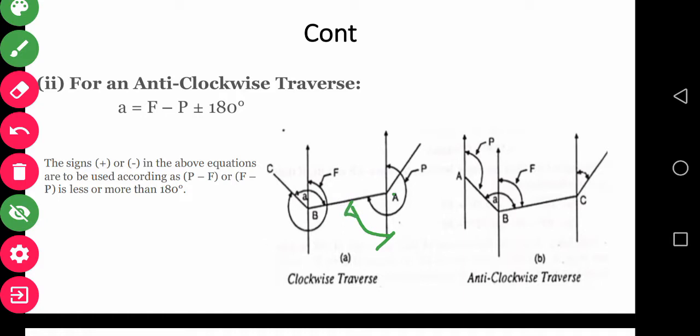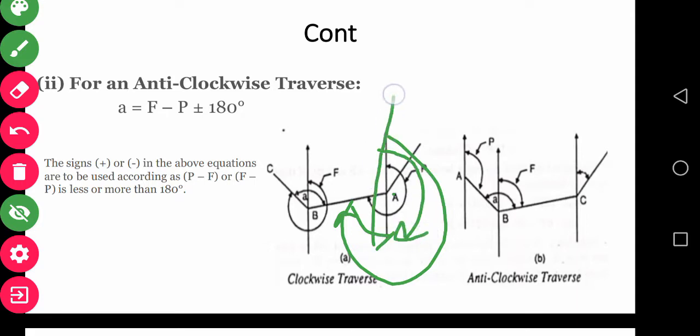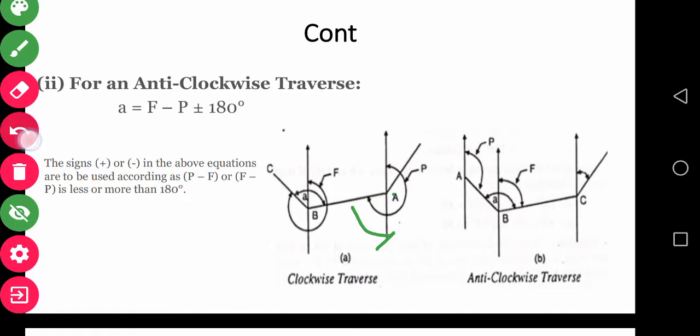This angle can easily be found, as I know this is total P and this is 180 degrees. So this angle will be P minus 180 degrees. This angle will be equal to this angle, so I have known this angle: P minus 180 degrees.